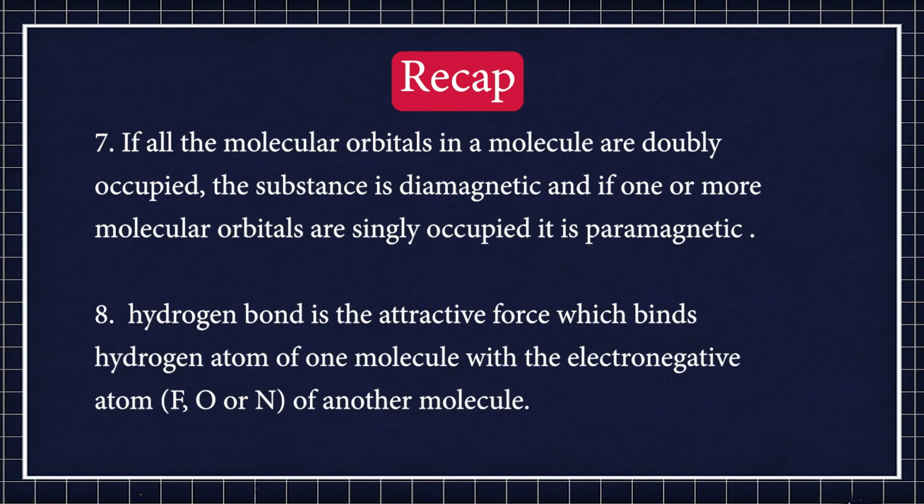If all the molecular orbitals in a molecule are doubly occupied, the substance is diamagnetic, and if one or more molecular orbitals are singly occupied, it is paramagnetic. Eighth is, hydrogen bond is the attractive force which binds hydrogen atom of one molecule with the electronegative atom like fluorine, oxygen or nitrogen of another molecule.